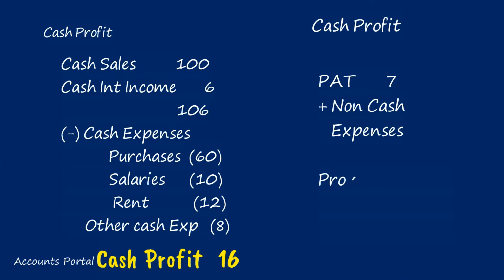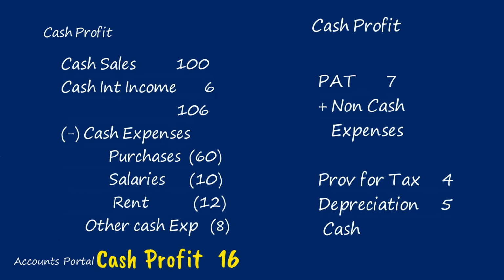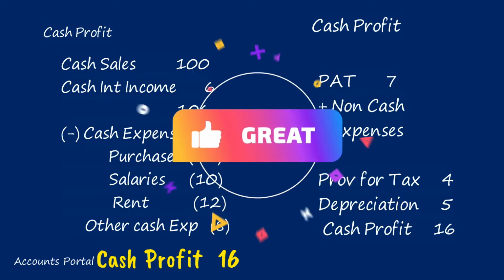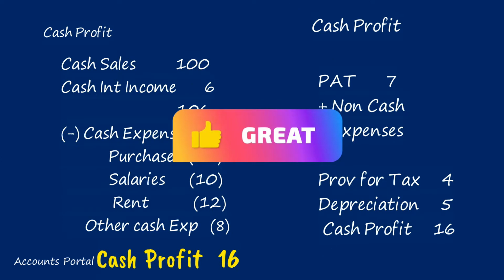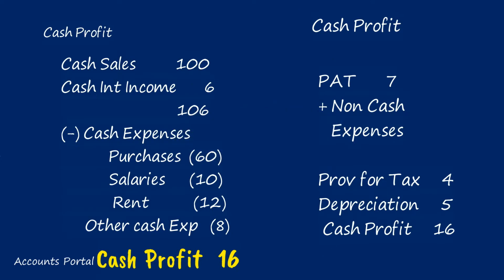We will add back non-cash expenses like number 1, provision for tax 4 lakhs, number 2, depreciation 5 lakhs. Now these are two expenses. If you add back, what is your cash profit? 7 plus 4 plus 5 equal to 16. The same answer. We started with accounting profit and added back non-cash expenditure. You will get cash profit. The same figure, but the way of doing is different.